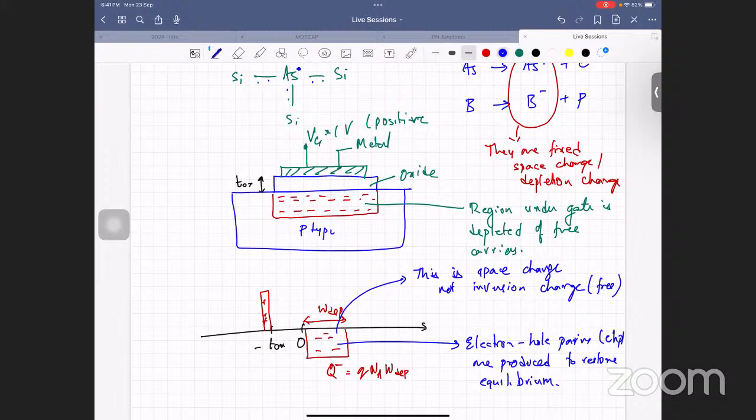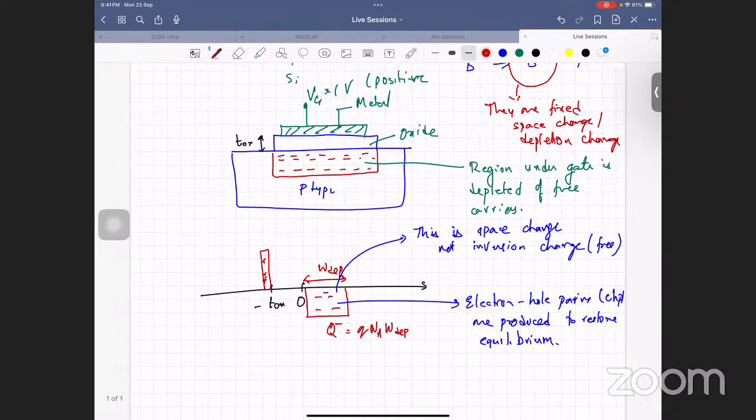Is this clear, the concept? Now the question is, what will be the direction of the field? Direction of the field is always from positive to negative. So the electric field in this case will be in this direction. This electric field causes the holes to move away from the interface and the electrons to come near the interface.